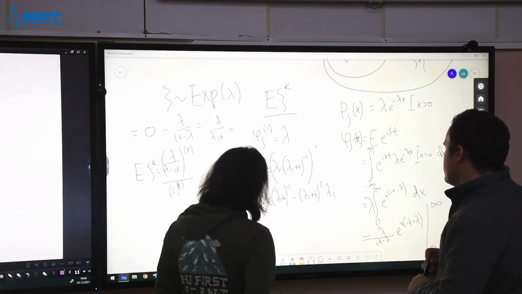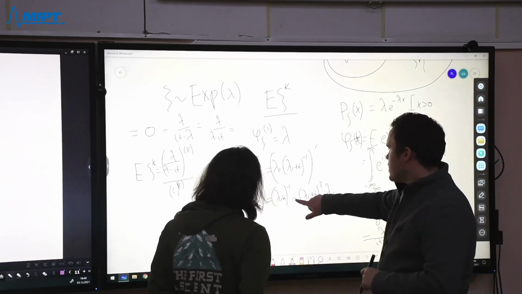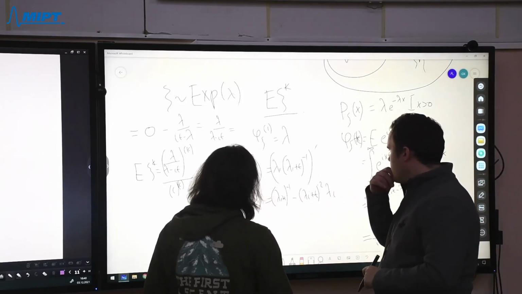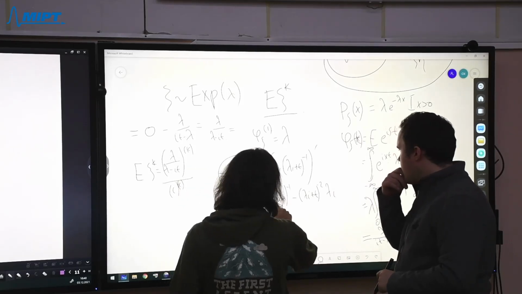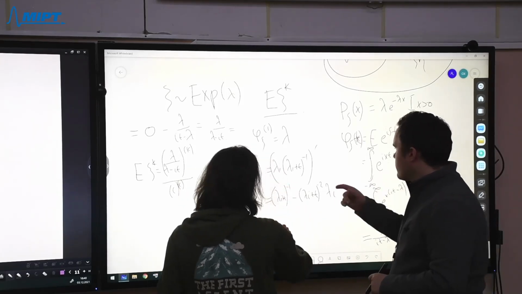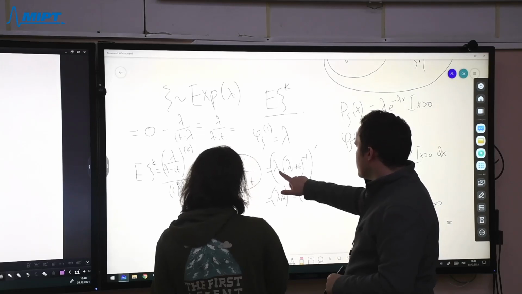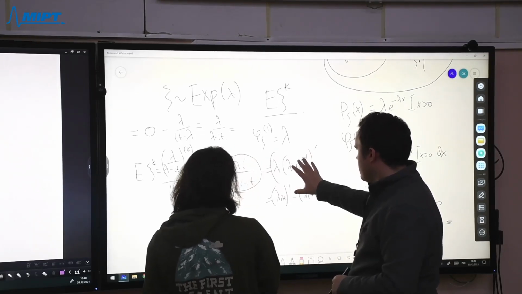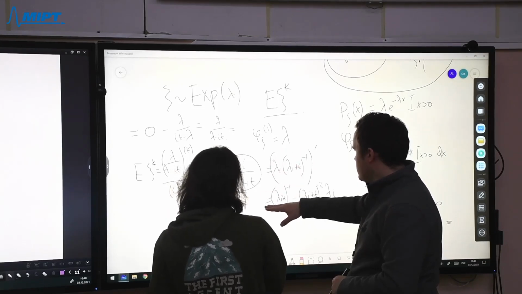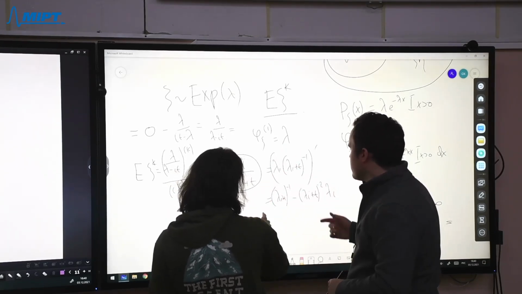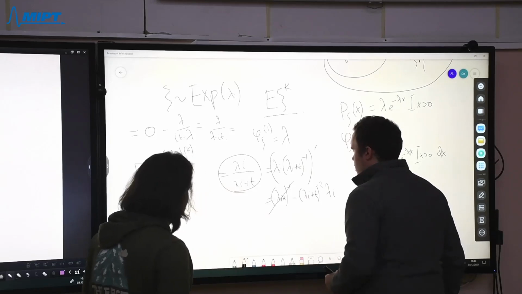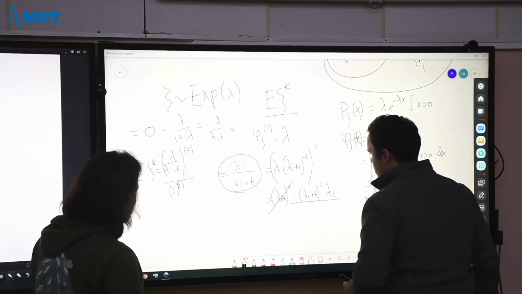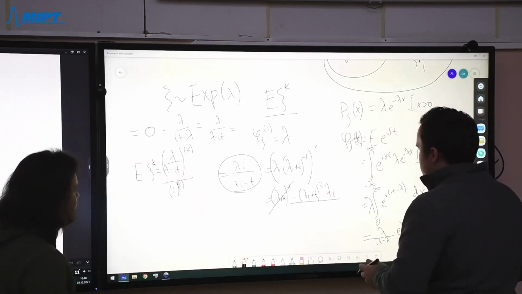Why minus? Well, the minus comes down from here. But you don't need this, because this is a product, right? So lambda I is one thing, and this is the second thing. So this is just 1. Oh, no, it's a 0. Oh, right, it's 0. Okay, so we just have this. So this is the first derivative. Yes.